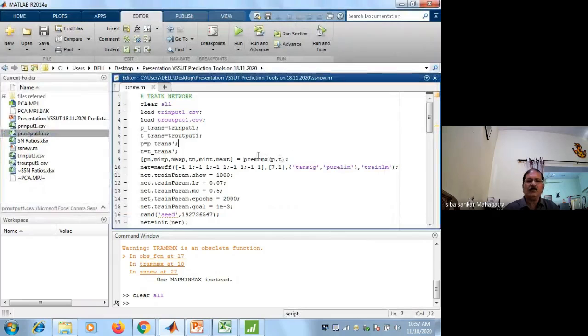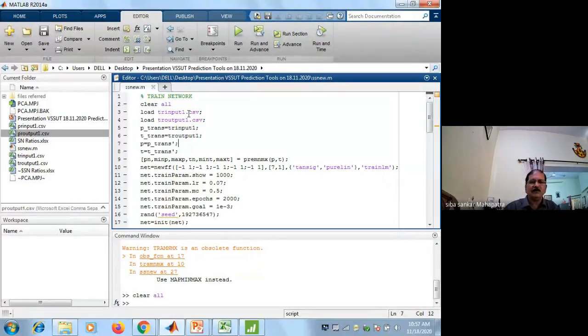there is a program written here. First is clear all. Then you load the TR input data, that is the training input data, and also load the TR output data. Then take the transpose, because these data are in column format and the neural network understands row format.